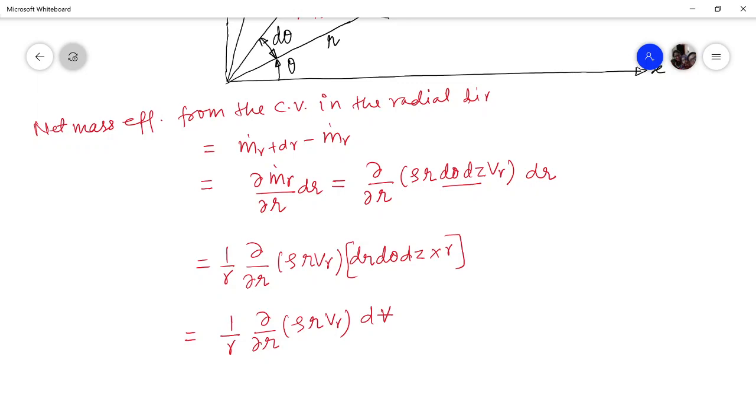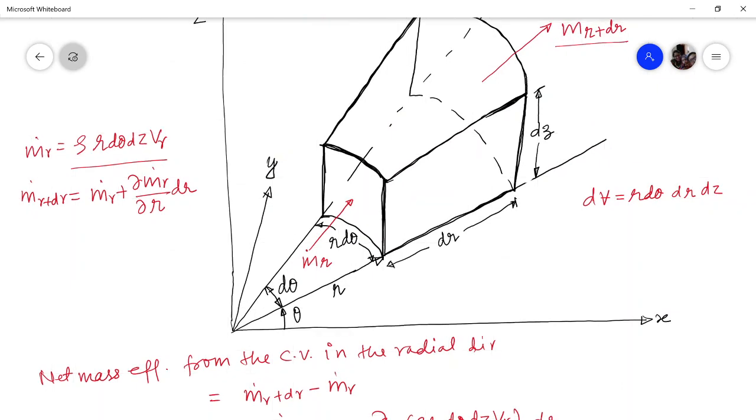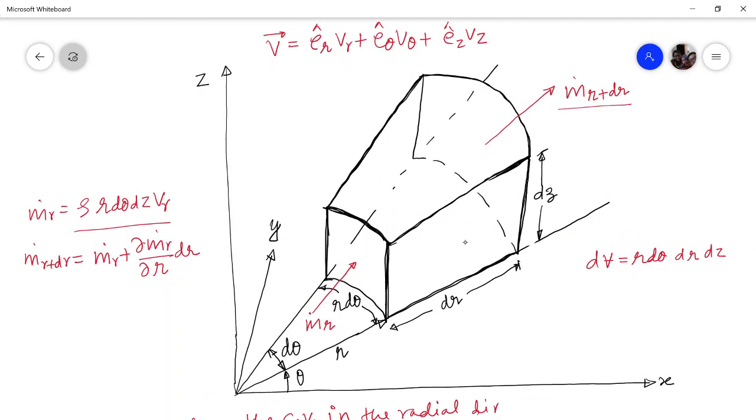Now, the similar approach will be followed for the tangential direction. So let us say in the tangential direction, the mass which is entering is m dot theta and leaving is m dot theta plus d theta. So this is the tangential direction mass entry and mass exit. So what is this m dot theta? This will be density times the area, that is the theta plane, that is the plane which is perpendicular to that tangential axis, that is this dr dz, times the velocity in the theta direction, that is v theta.